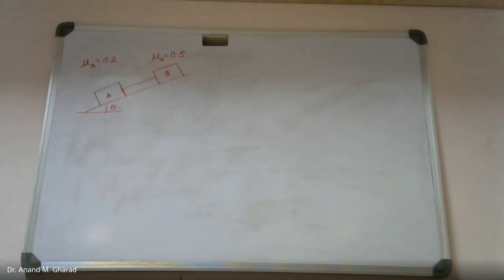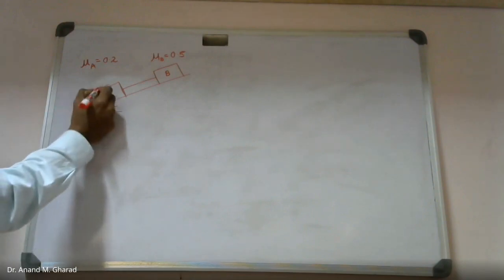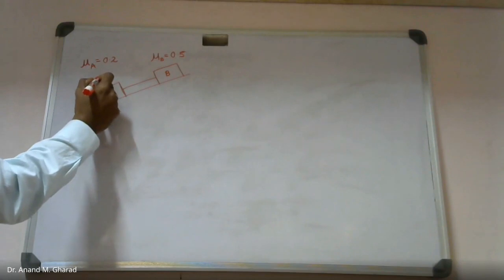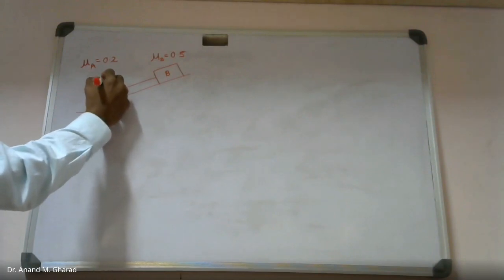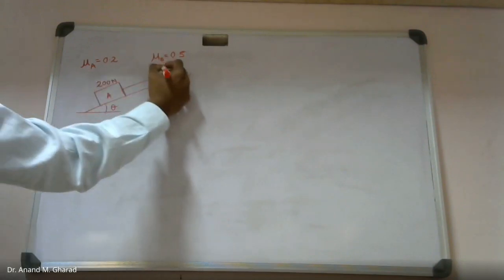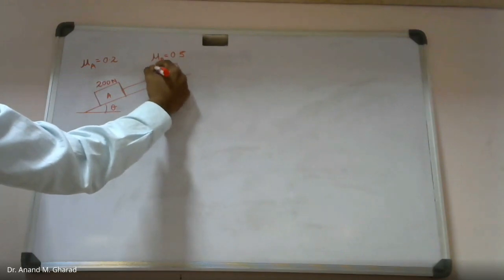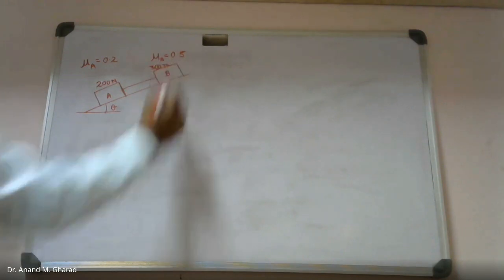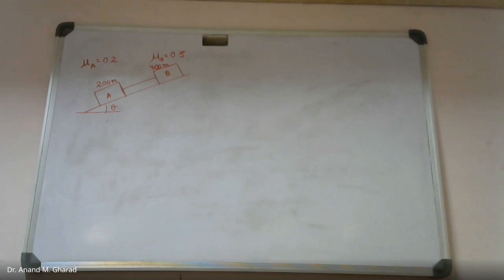Weight of body A is given as 200 Newton, and this is 300 Newton. These are the two weights which are given. You are supposed to determine the angle theta at which motion impends.